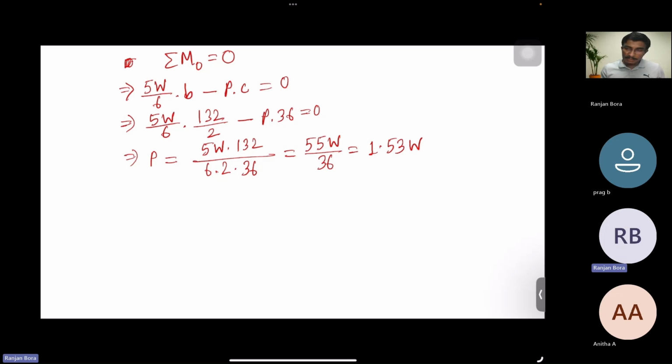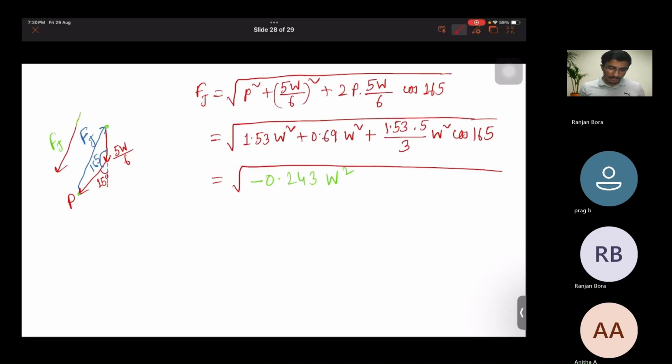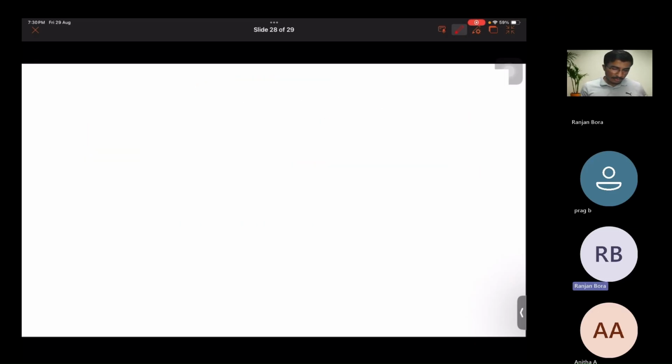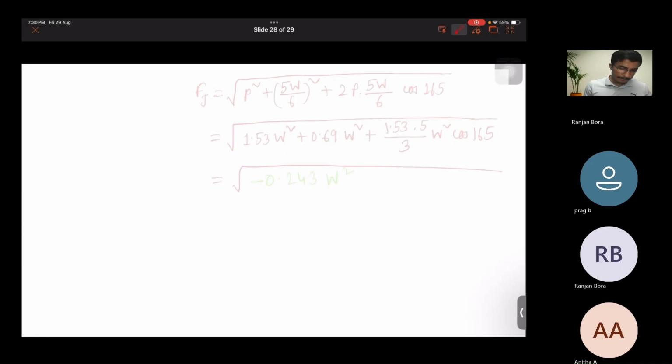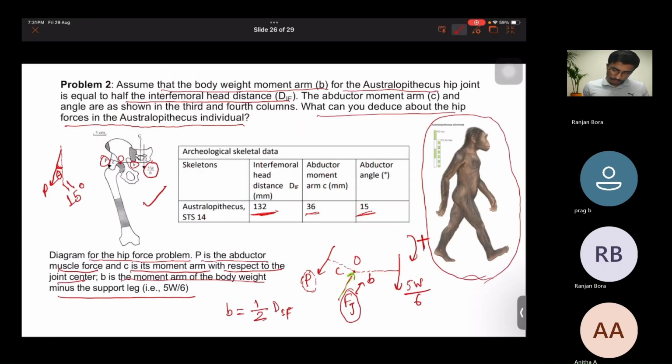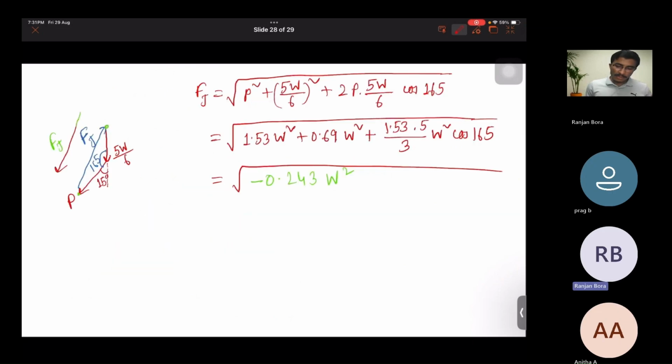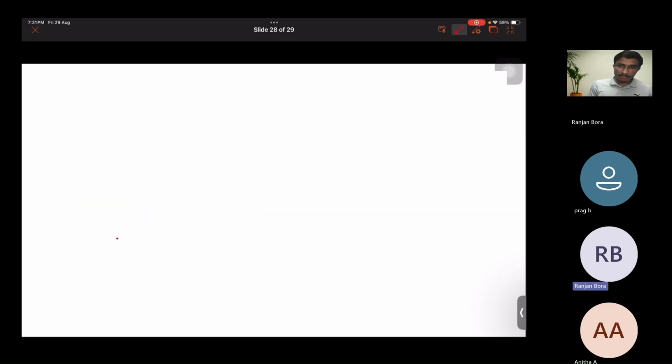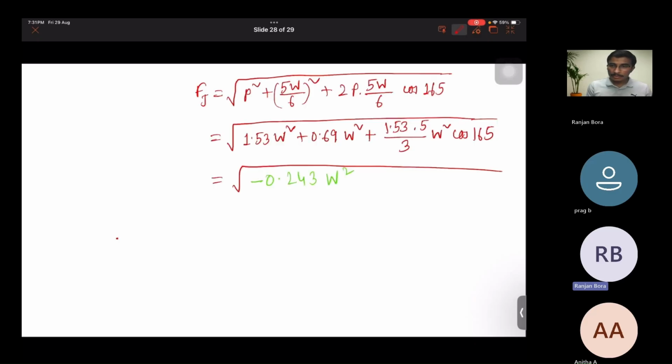To find Fj, now I will show you how we can apply the vector algebra. The force equilibrium method: this is the x direction and this is the y direction. We need to again draw the forces. Yes, we know two angles.